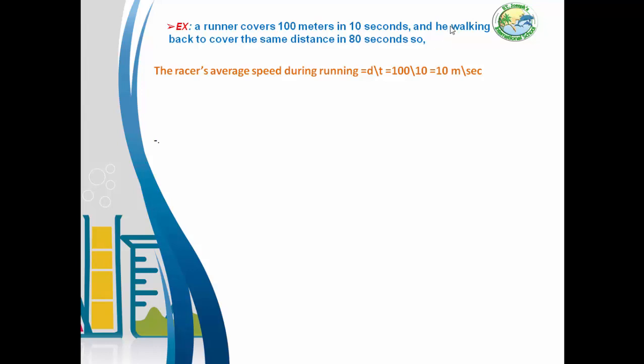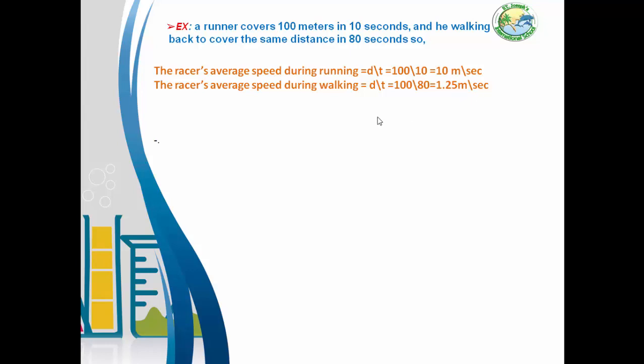During walking, he covers the same distance, 100, but in 80 seconds. So the average speed during walking equals D divided by T, 100 divided by 80, so it will be 1.25 meters per second.